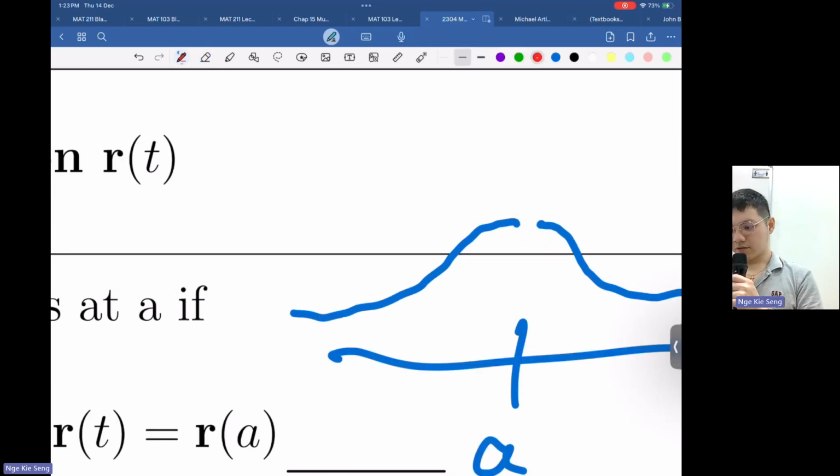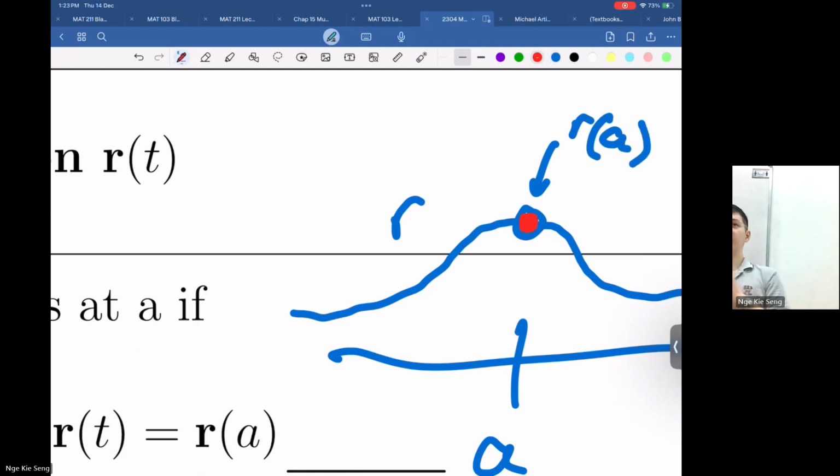There's a hole here. You need to make sure that your function really takes the value R here. You fill in this hole here. Then only this function is continuous. The easiest layman term about continuous is you can draw this curve without lifting your pen. Okay, it's continuous.